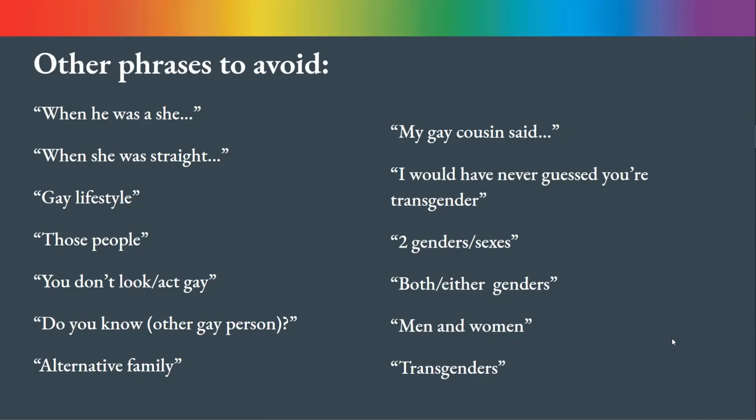Just to go over a few: the phrase alternative family can be considered rude because no family is alternative, every family is a family. I would have never guessed you're transgender may be seen as a compliment, but it's not very often taken as one. Both/either genders assumes that man and woman are the only genders that exist. And transgenders is grammatically incorrect. Transgender is an adjective, so it can't really be plural. So you say transgender people.